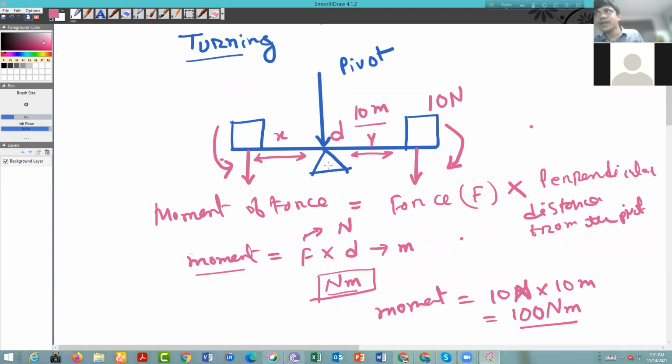So it will be clockwise. If we put it here on the right side, it will go anti-clockwise, right? So it is important to remember that the distance d is the perpendicular distance from the pivot to the line of action of the force. The way we can see here in the diagram.